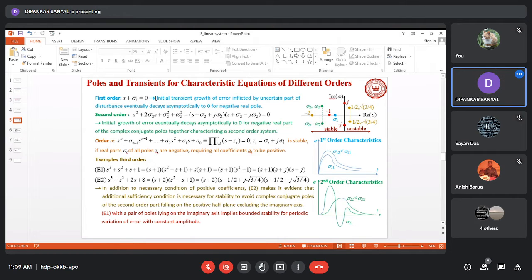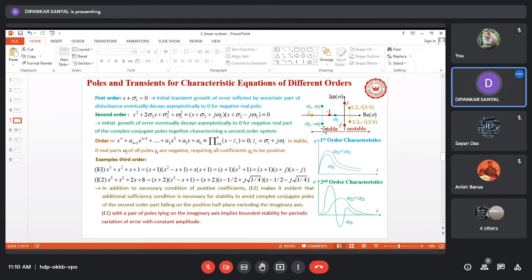If the solution is s plus sigma 1 equal to 0, and if that is the situation, then if some initial disturbance generates some error, because of the decaying nature of this sigma term, the error will eventually proceed asymptotically to 0. In this form, the higher the value of sigma, the faster is the decay. That is indicated in this form.